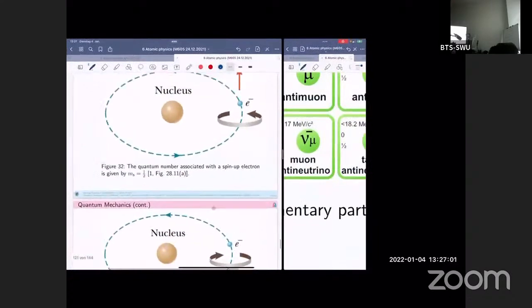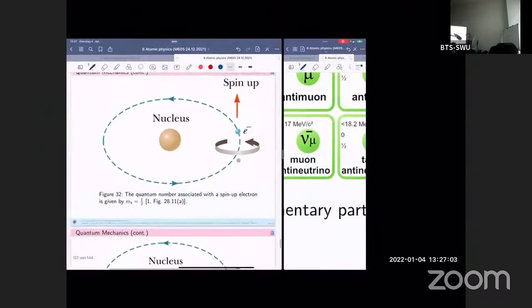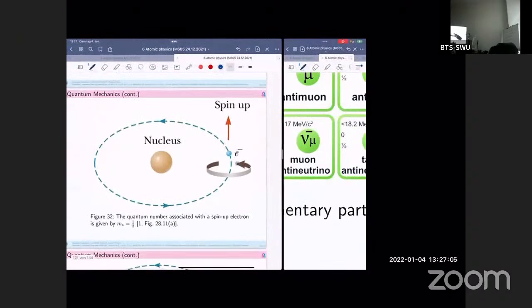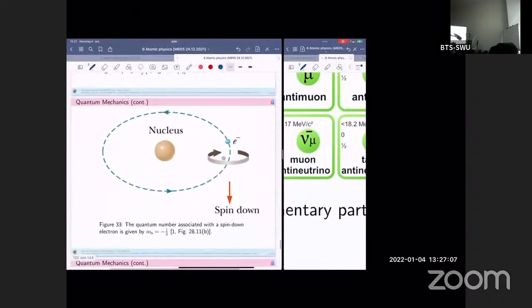1/2 is the spin up quantum number, and it is also possible that the electron moving around itself moves in this way. If you look from the top view, it is a clockwise direction, right? The clockwise direction will lead to the thumb pointing down, and this is known as spin down.